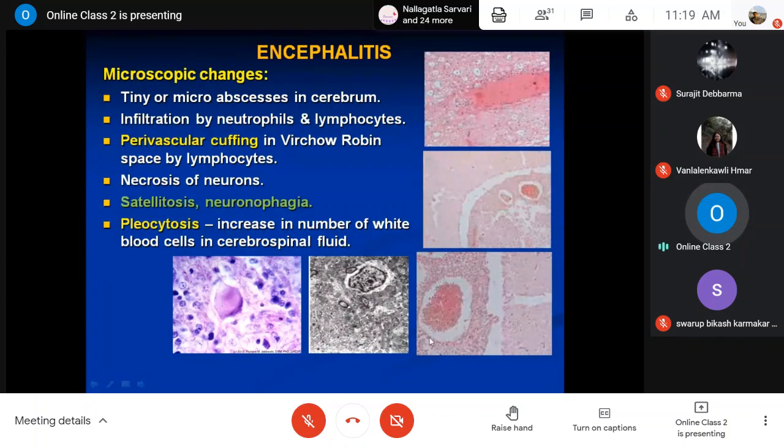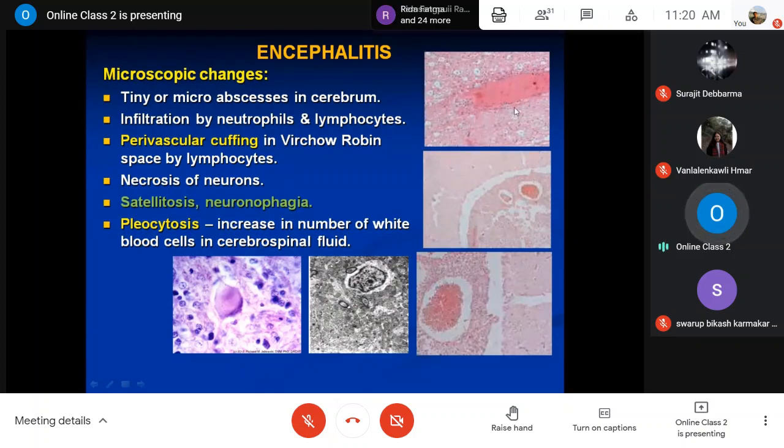And when you see the Virchow-Robin space, just around the blood vessels, you will find aggregation or infiltration of mononuclear lymphocytic cells. This condition usually happens in the Virchow-Robin space of the blood vessels in the brain tissue.